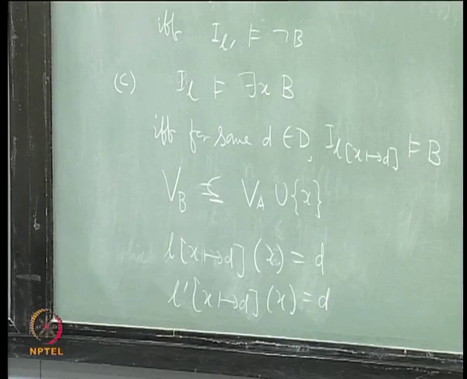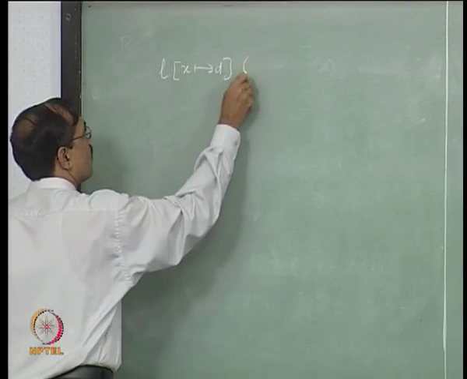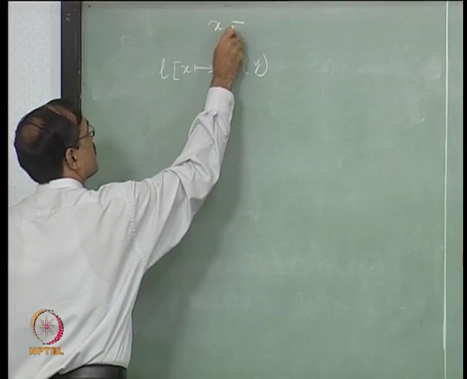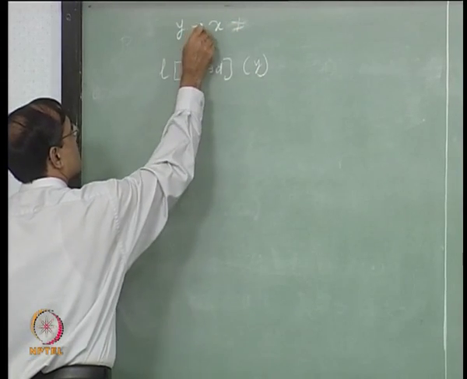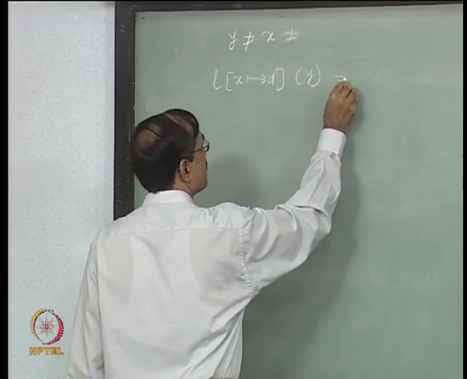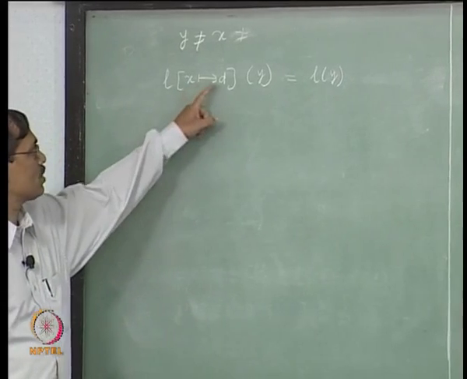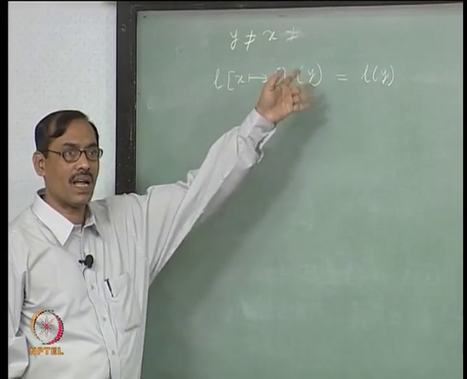So, now we verify L x fixed to d of y, where y is not equal to x. Okay. So, this is equal to L of y by definition, because x is only fixed to d, all others are as they were.